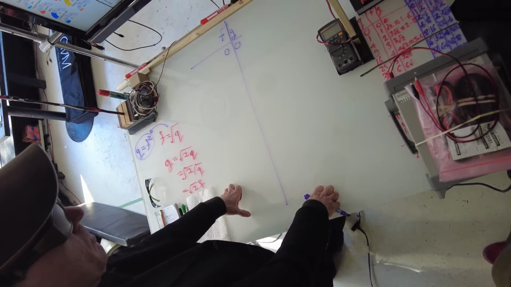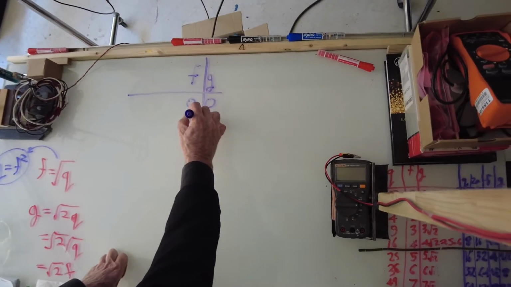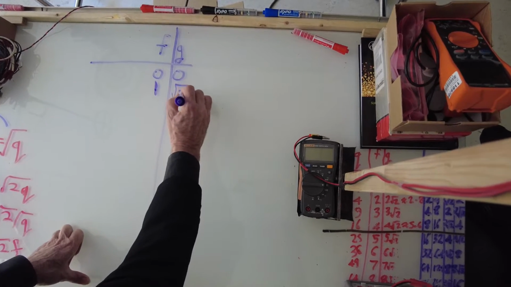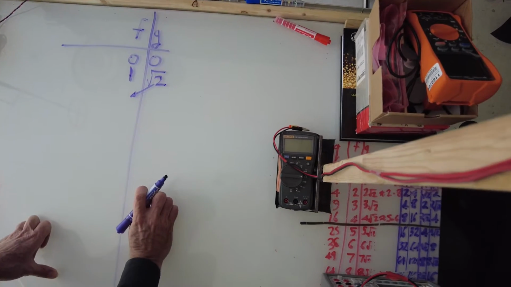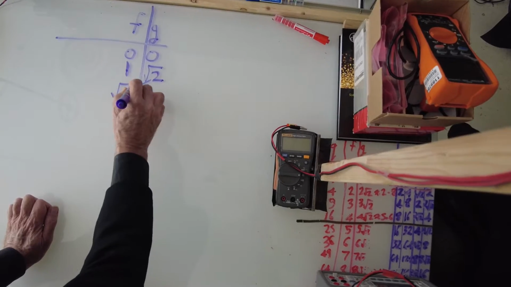Not always, but quite a bit of the time. So now, let's say we have f equals 1. When f equals 1, then g is equal to root 2. And what we were doing basically is moving over the root 2. We're going to take that root 2 and put that over here now.